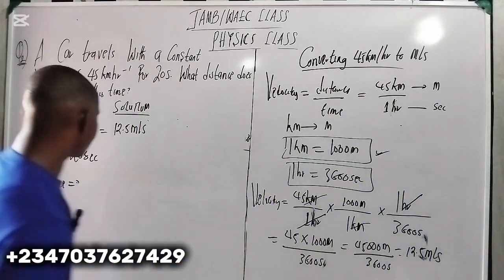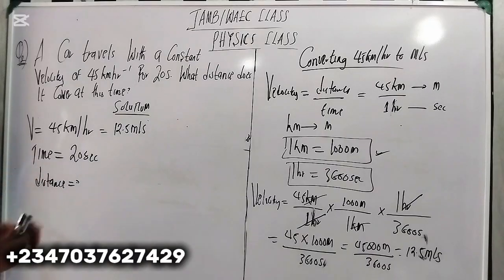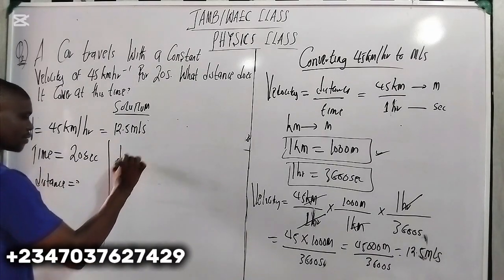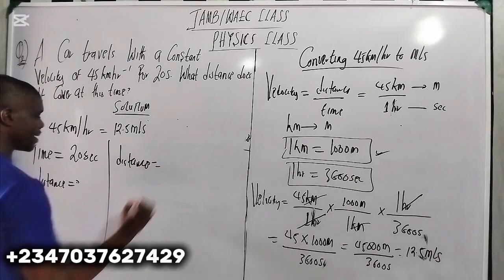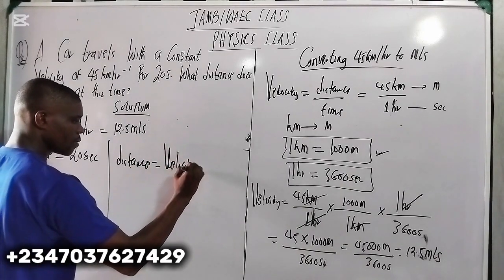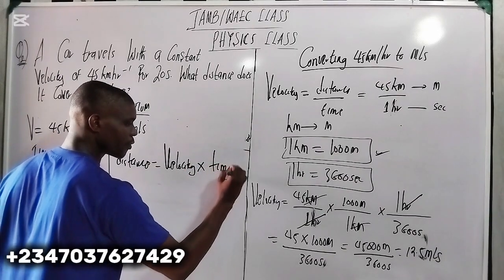Do you understand? So from here now, my time is not constant here. From there, I now get my distance. What is my distance again? My distance is now going to be velocity times time.